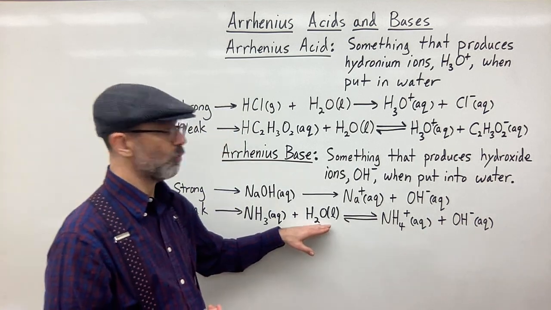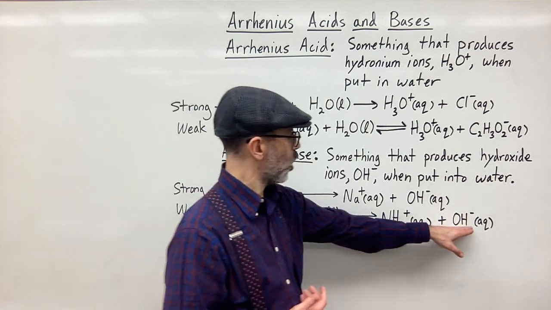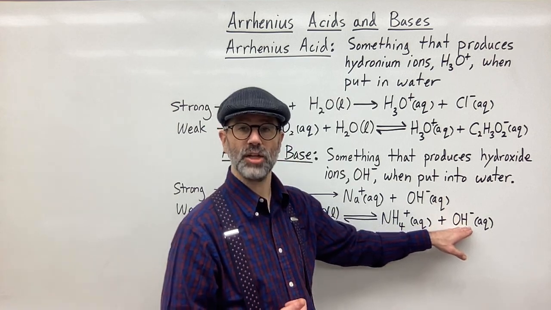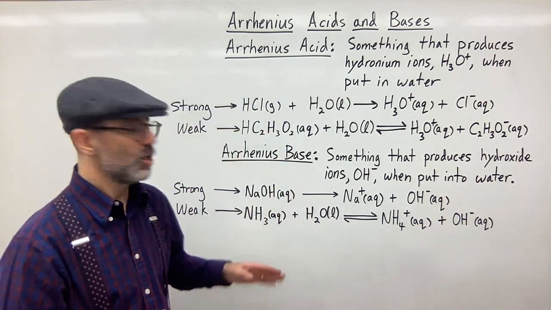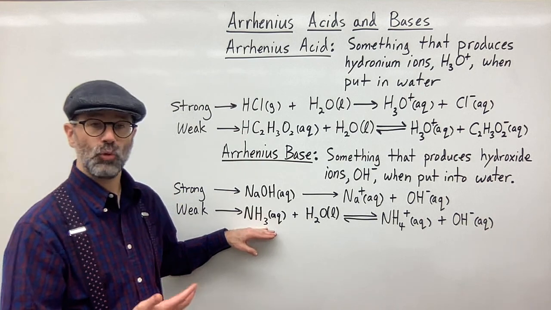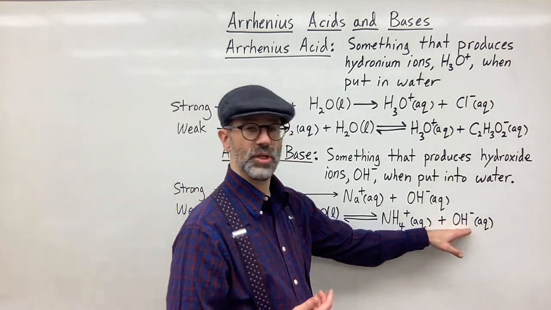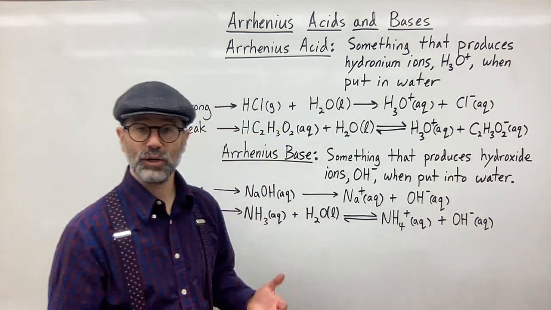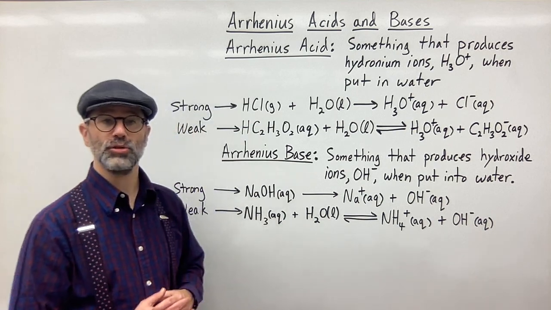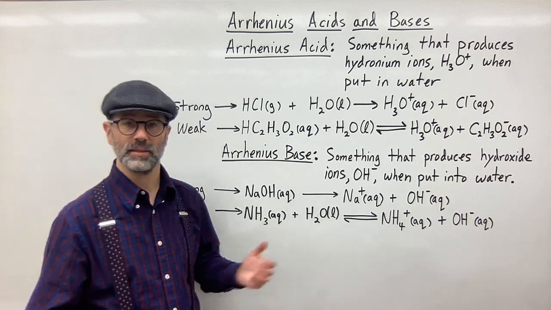And then what's left over from the water is OH with a minus charge. That's our hydroxide ion. So ammonia in water will produce the hydroxide ion, and therefore it is a base according to the Arrhenius definition of bases.